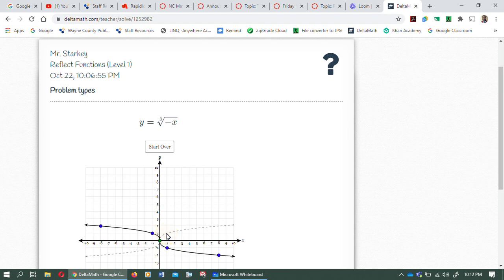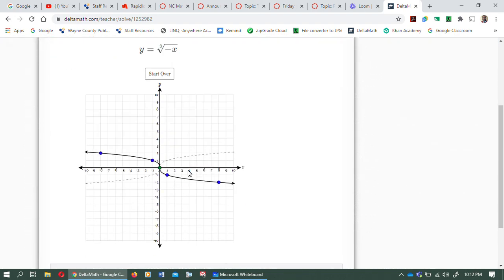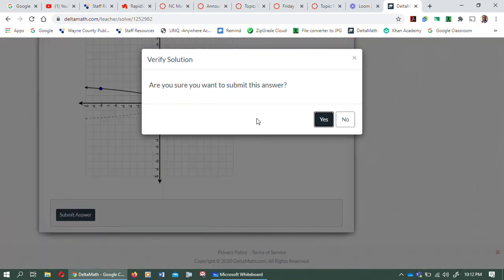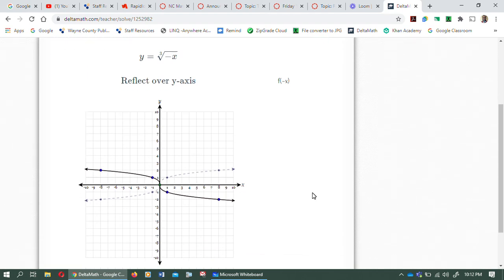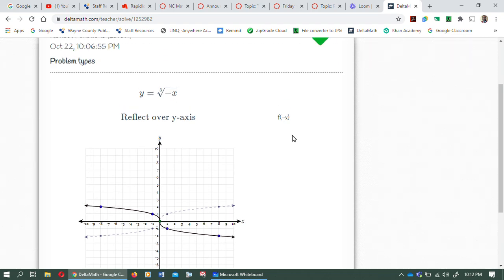Now it should be in the right place, and you can see that it's been reflected over the y-axis. Just to show you it is correct. It would work in a similar way if this was reflecting it over the x-axis.